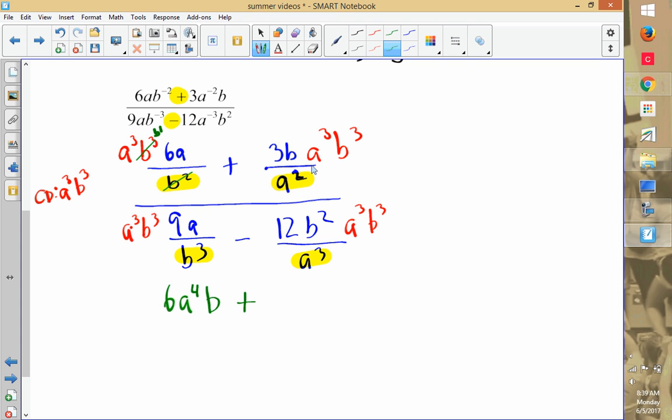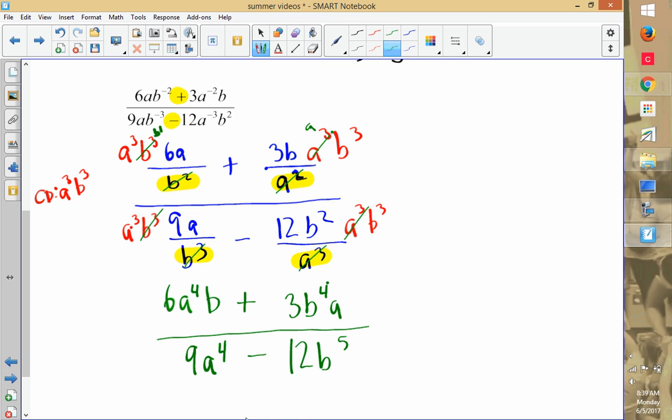In this case, I'm going to have two of the a pairings cross off. So I'm going to end up with 3b to the fourth a. Moving to the denominator, all of the b to the thirds cross off, so I end up with 9a to the fourth. And all of the a to the thirds cross off, so I have, oops, this isn't an adding, this is subtracting. Subtract 12b to the fifth.